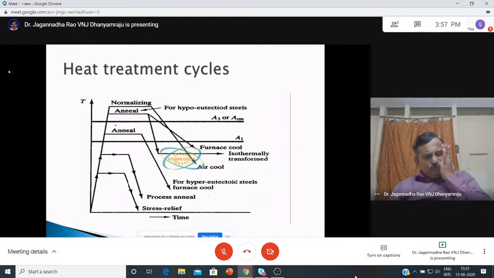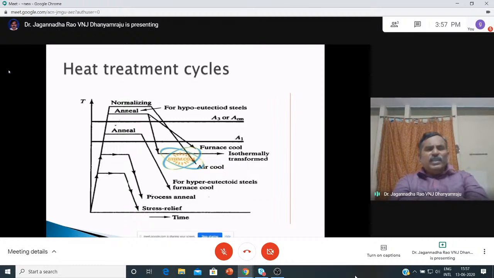But however, for most components we do not want ductility. For example, a structural member. A structural member, we don't want ductility. So for that, instead of annealing, we do normalizing.